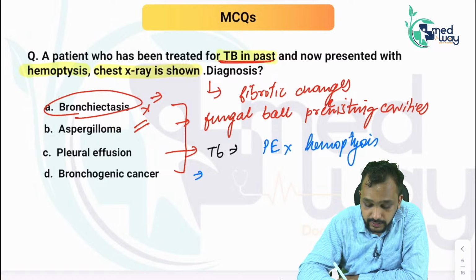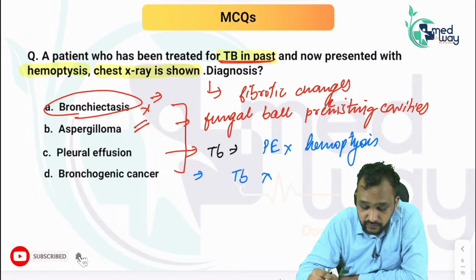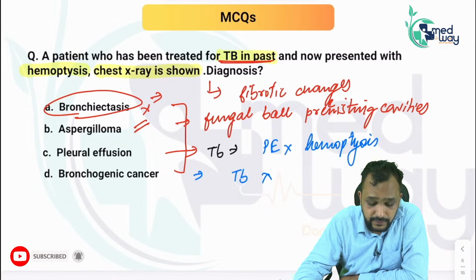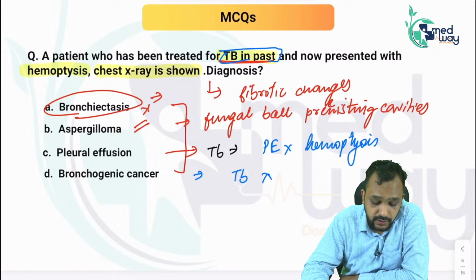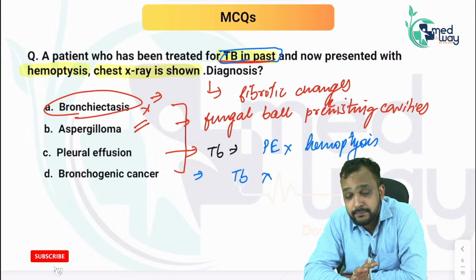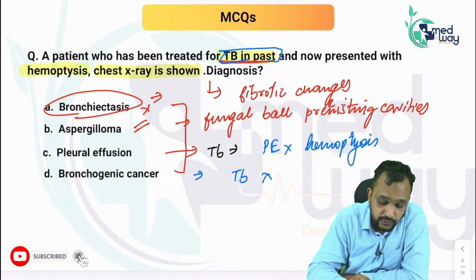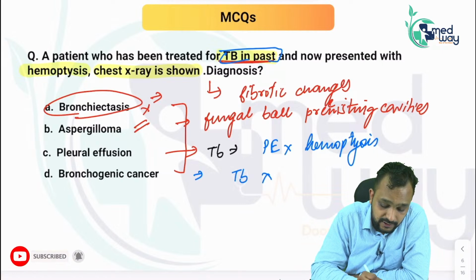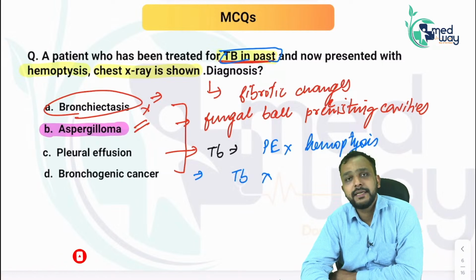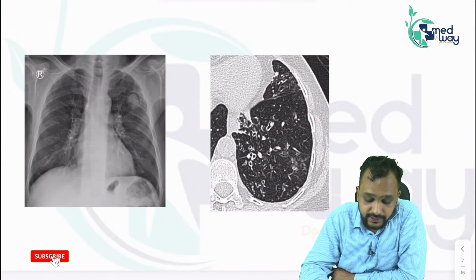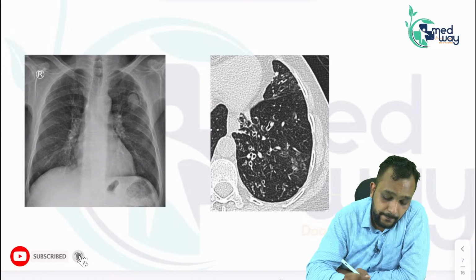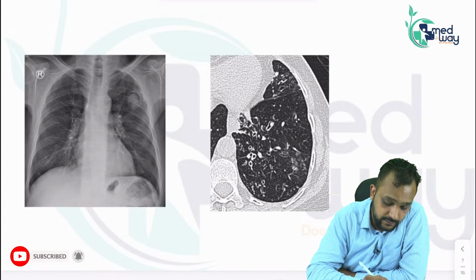Bronchogenic carcinoma, again TB in the past, okay. Bronchogenic carcinoma is very little related to tuberculosis. It is not associated with tuberculosis in the past. So if I have to answer without even looking at the options, I would go for aspergilloma, right?